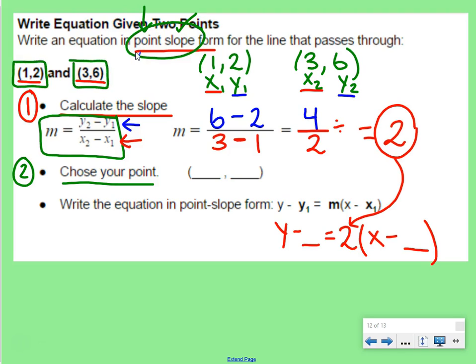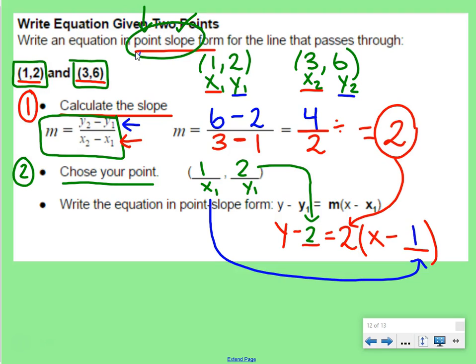You get choice. I'm going to choose 1, 2. So 1 is my x1. 2 is my y1. Y1 goes there, so we put 2. And x1 goes here, so I put 1. So our equation in point slope form is y minus 2 equals 2 times the difference of x and 1.